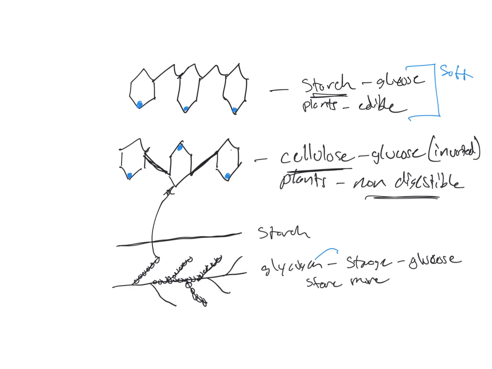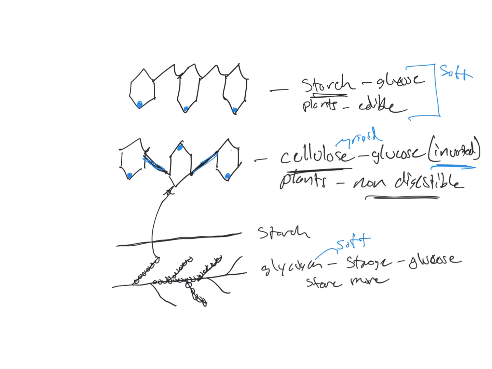Glycogen is pretty soft. Cellulose is much more rigid, sort of like chitin is, and part of it is because of that inverted chemical bonding that happens between them as well. So I think we'll leave it there at that.